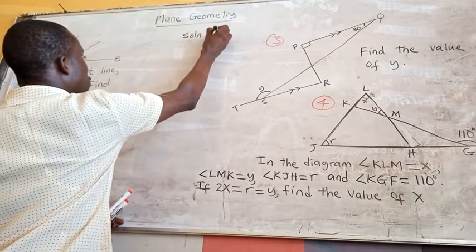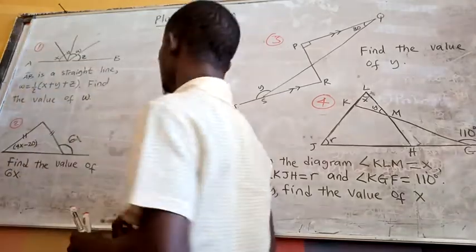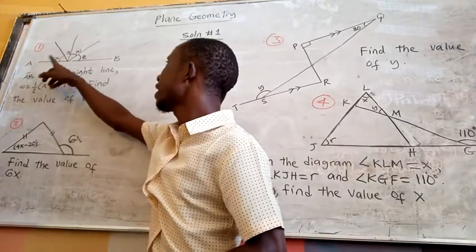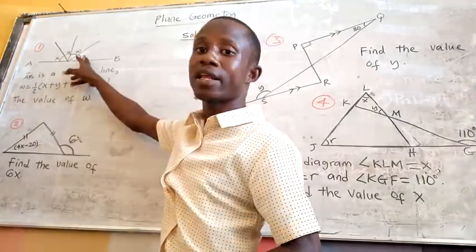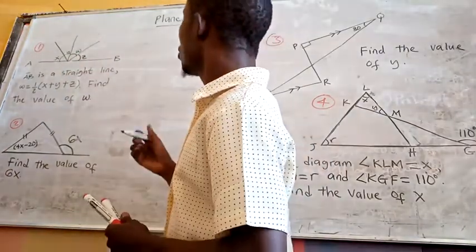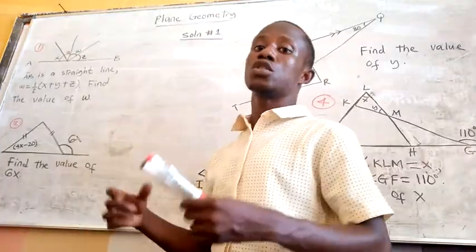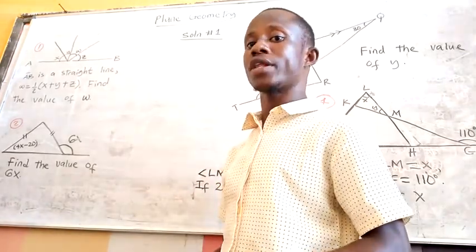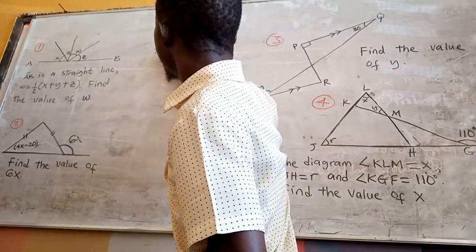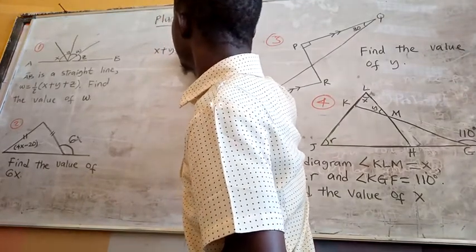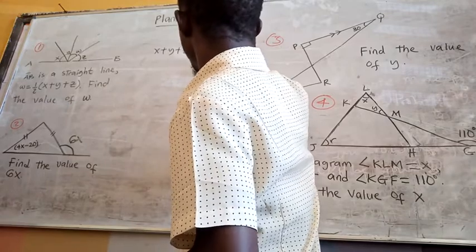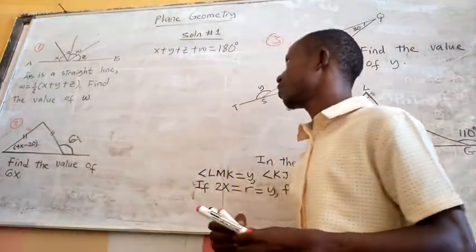Solution number 1: we have angle x, angle y, angle w, and angle z that lie on AB. We sum everything, since angles on a straight line sum up to 180 degrees. So we have x plus y plus z plus w equal to 180 degrees.